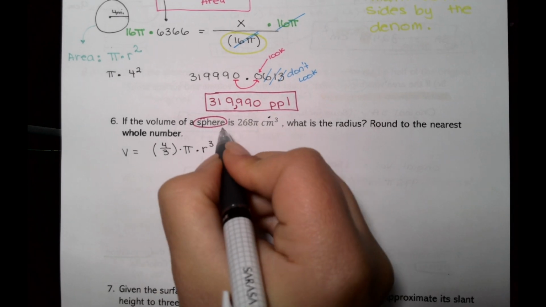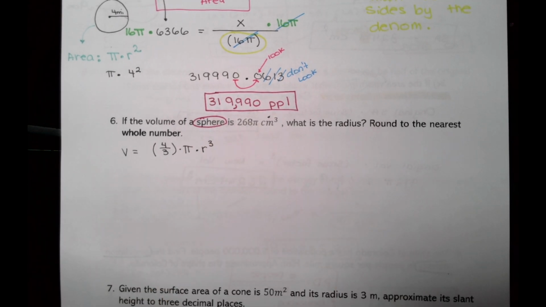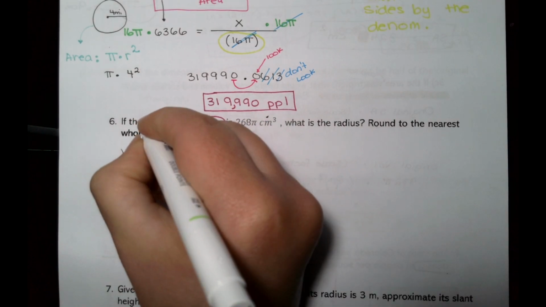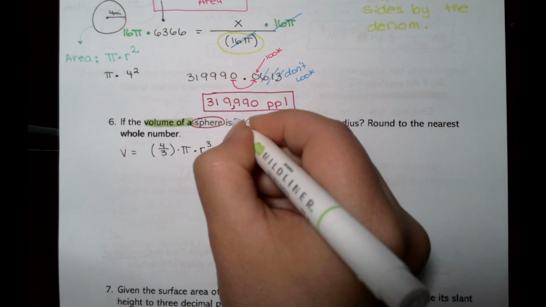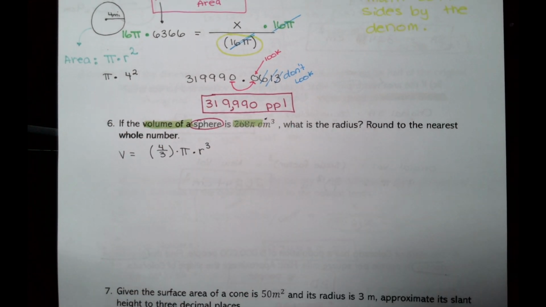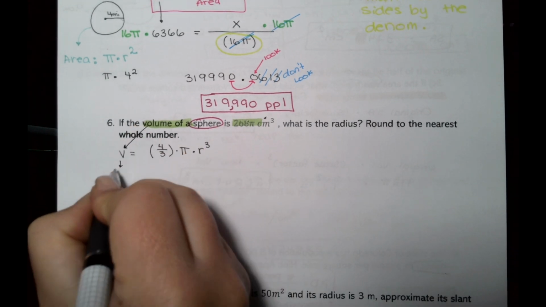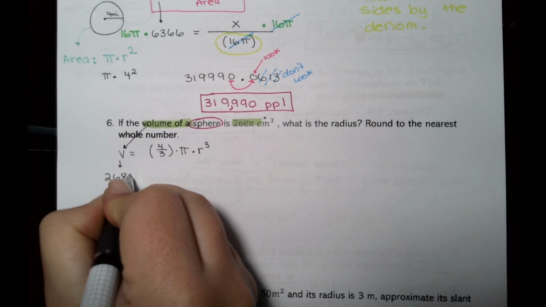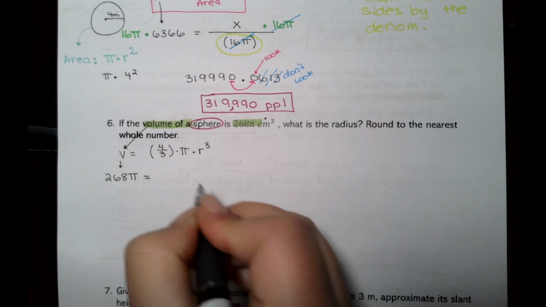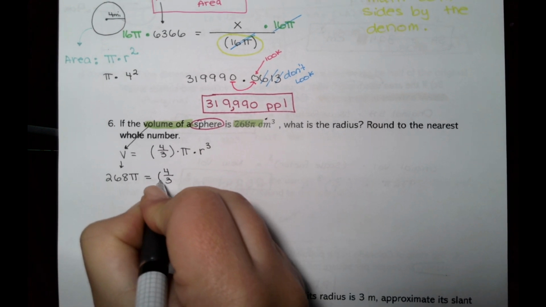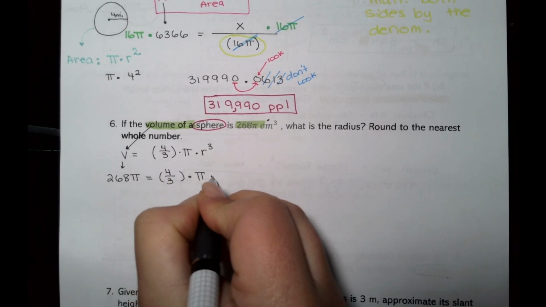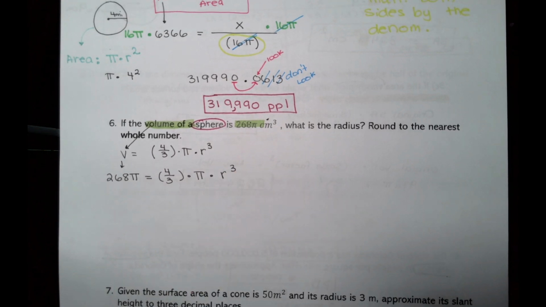And they are telling us that the volume is this value. So I'm going to put in 268 pi as my volume. Now 4/3 stays, pi stays, and we are trying to solve for radius.